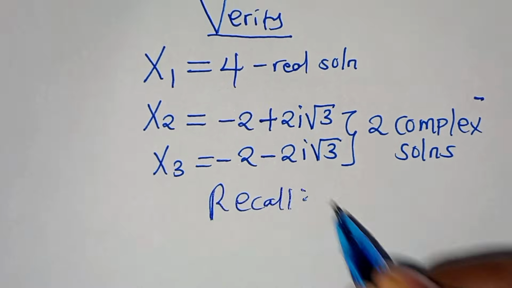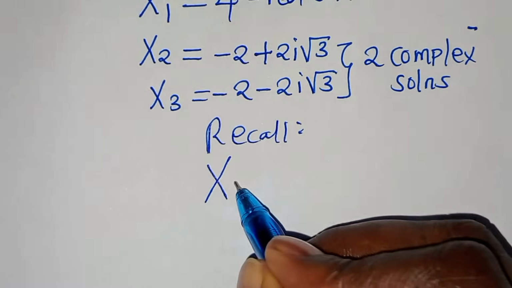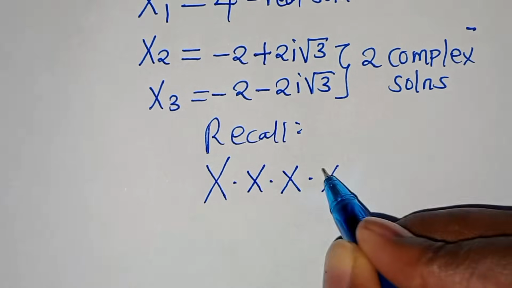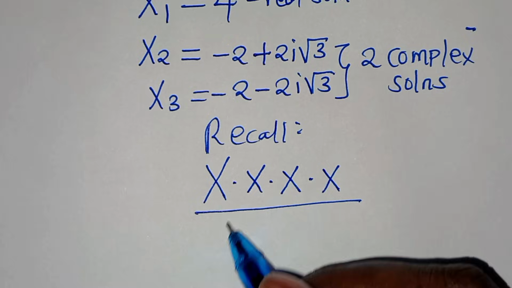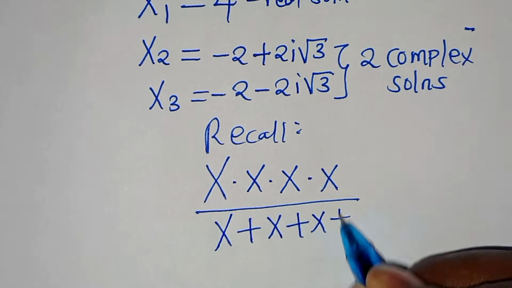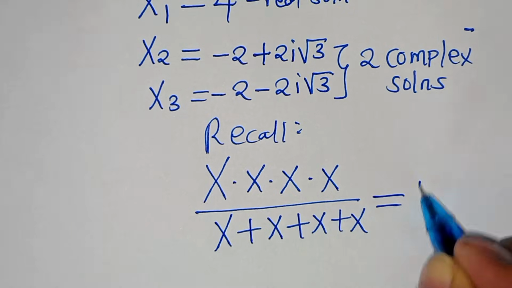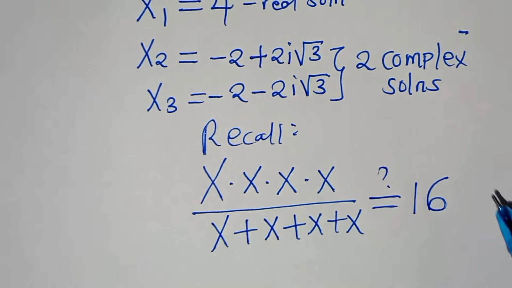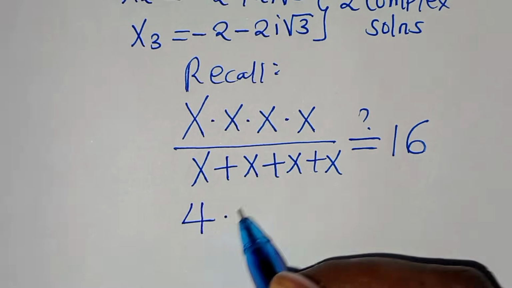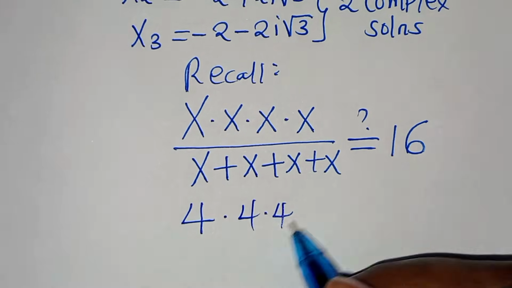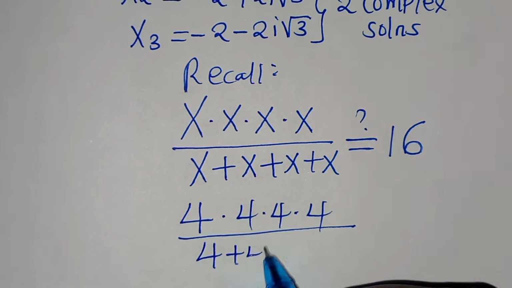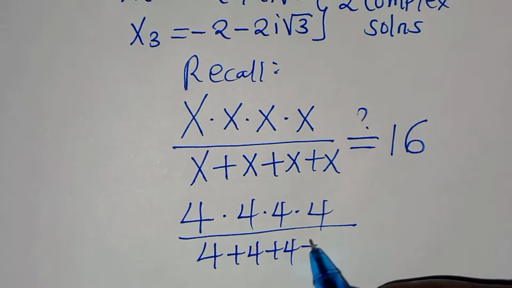If we recall, we have that x multiplied by x, multiplied by x, multiplied by x, divided by x plus x plus x plus x, is supposed to give us a value of 16. Substituting x equal to 4, then we have 4 times 4 times 4 times 4 divided by 4 plus 4 plus 4, then plus 4.